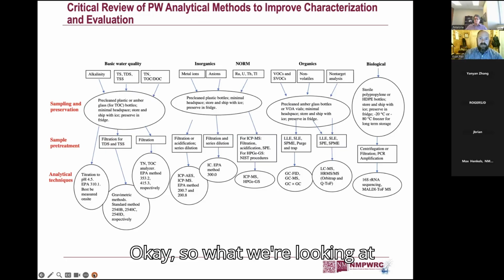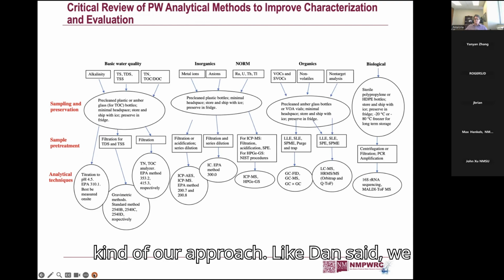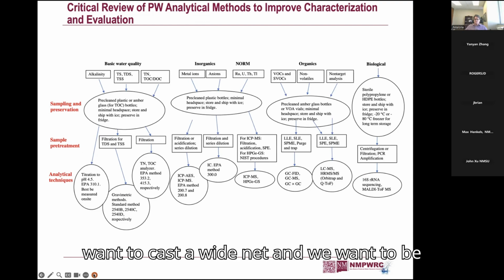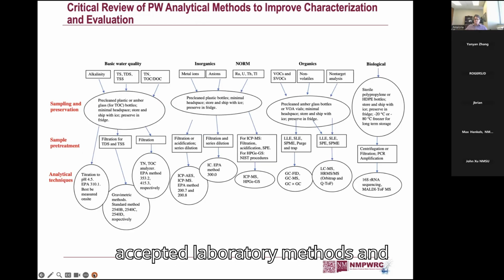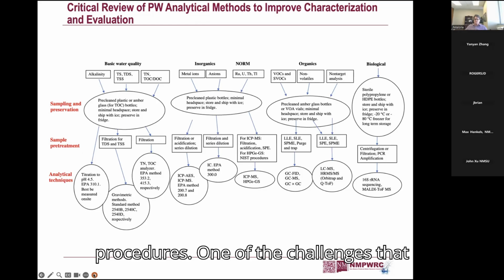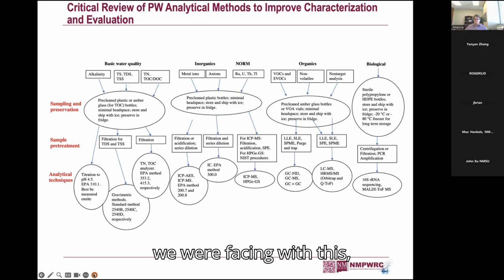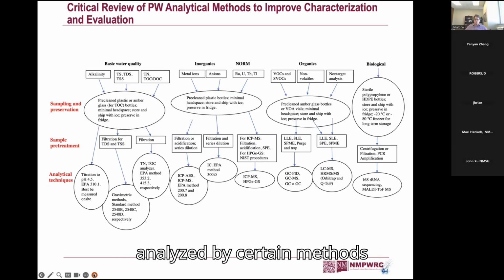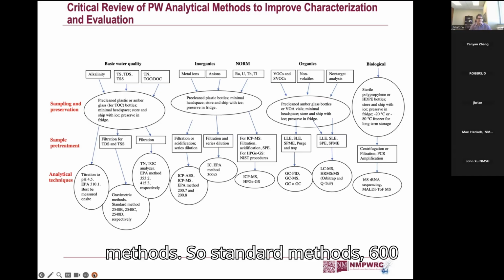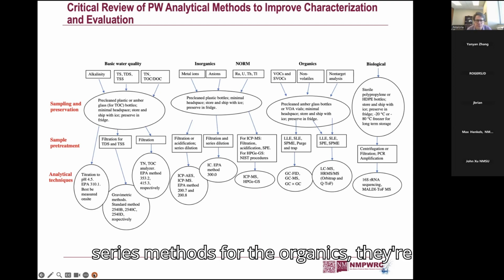Okay, so what we're looking at here is a matrix of our approach. Like Dan said, we want to cast a wide net and use, to the extent possible, accepted laboratory methods and procedures. One of the challenges that we were facing, and are still facing, is that the treated effluent would be analyzed by methods congruent with NPDES methods: standard methods, and 600 series methods for the organics.